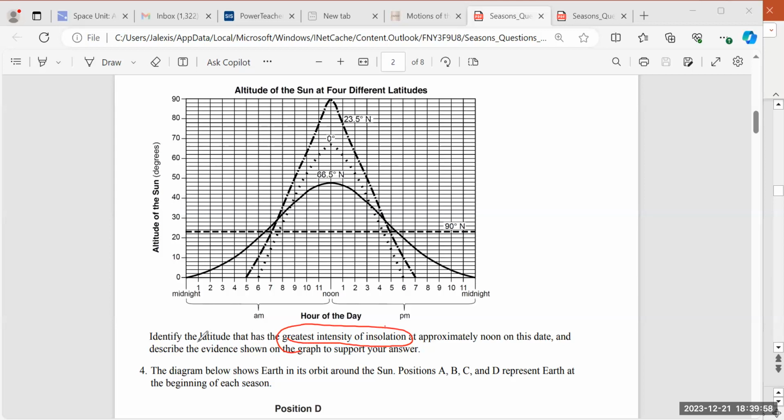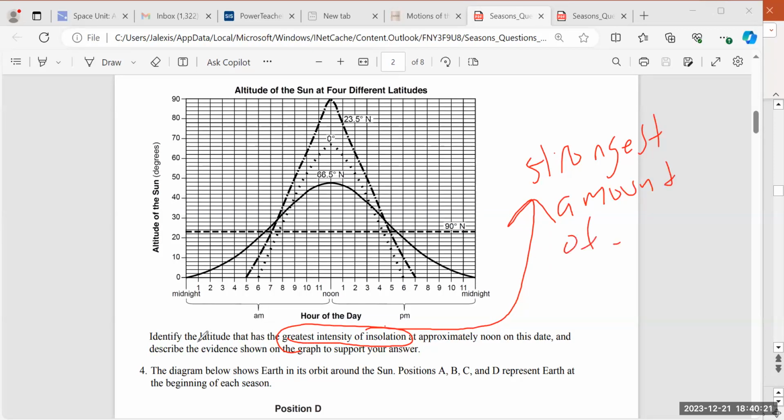So the greatest intensity of insolation basically means which situation am I going to receive the strongest amount of energy from the sun?